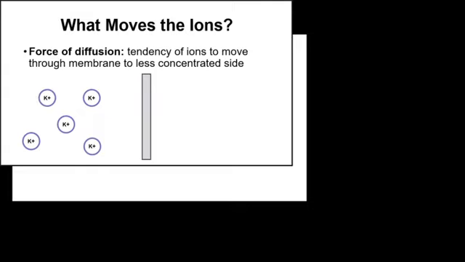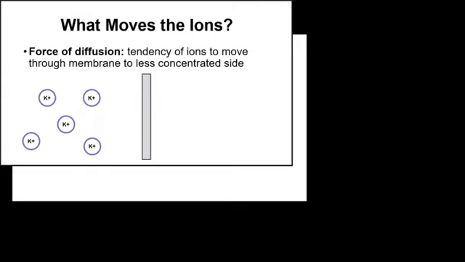So we're going to look at 3 different forces that are acting here. Some of these might make logical sense. If you've taken bio and chem, these are pretty logical things, but we're going to name them because they affect what's happening here in the cell.